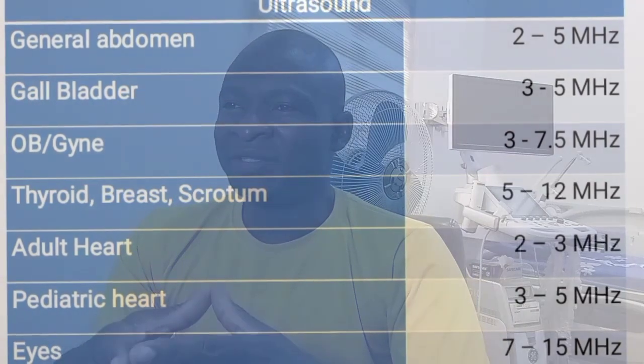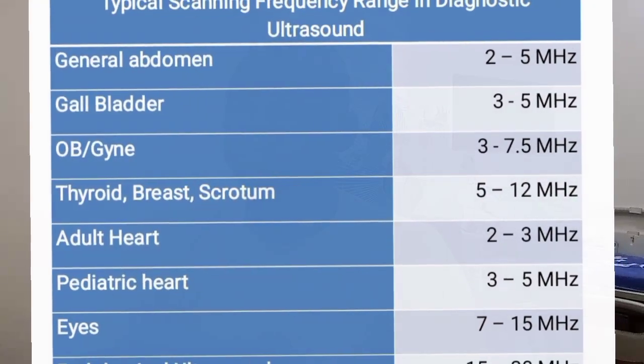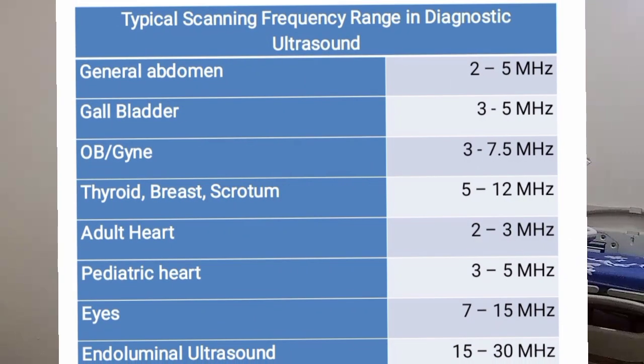So this is a typical scanning frequency range in diagnostic ultrasound. For general abdomen, we use 2 to 5 megahertz. To image the gallbladder, we use about 3 to 5 megahertz. For OBS and gynae, you can use 3 to 7.5 megahertz.